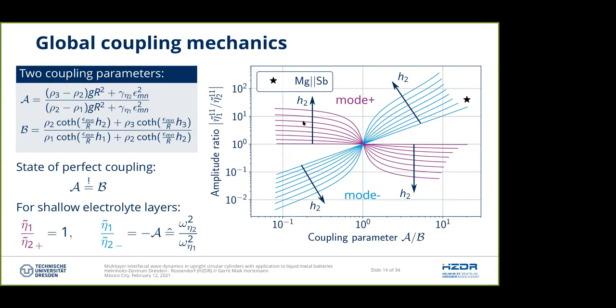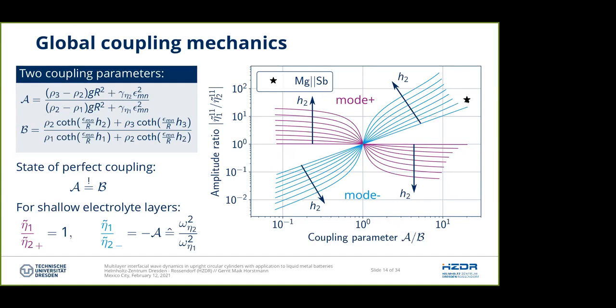And if I plot the parameters for the magnesium antimony battery in this diagram, you can see, and I could on the one hand show that there also the slow mode, the blue mode, is destabilized.